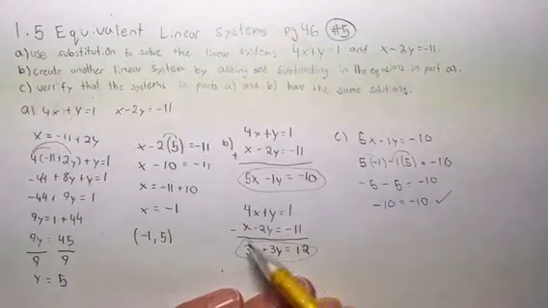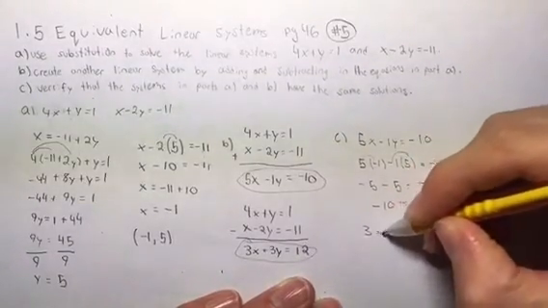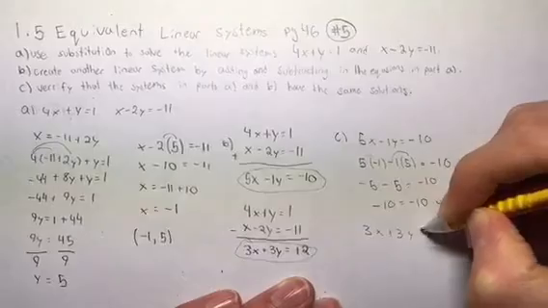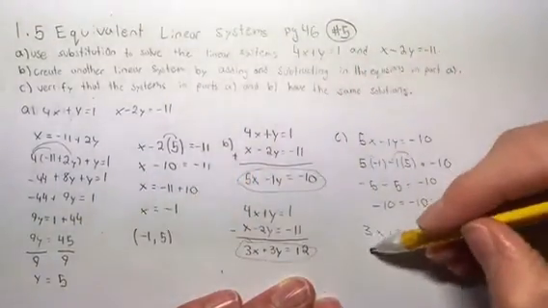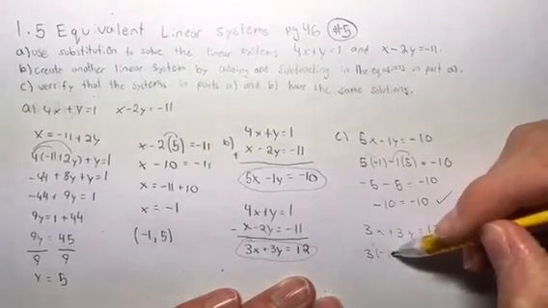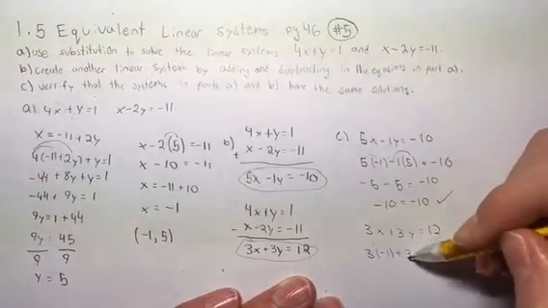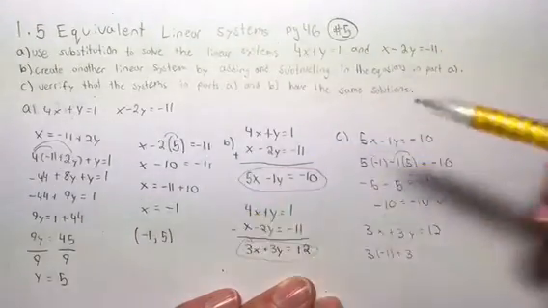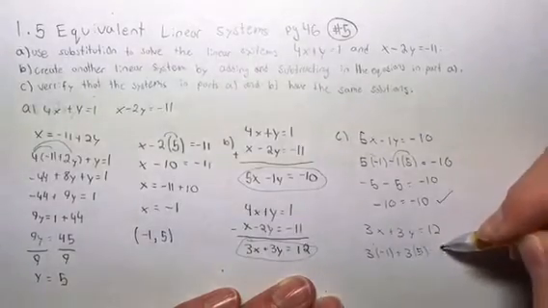Okay, and then we could also verify our second one by doing the same thing. So 3x plus 3y equals 12. And then we'll substitute in our coordinates again. So 3 times negative 1 and 3y times 5, because y equals 5, equals 12.